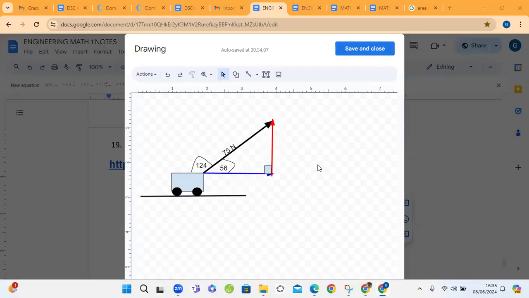So therefore now, to get the horizontal component, let's call it H for horizontal. We have to make use of that 56 degrees, and 75 now will play the role of the hypotenuse.